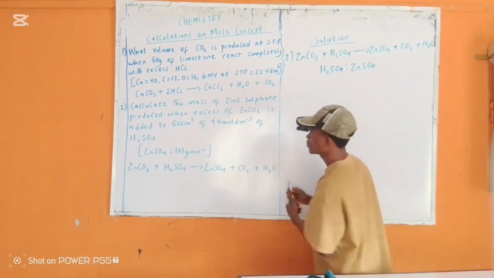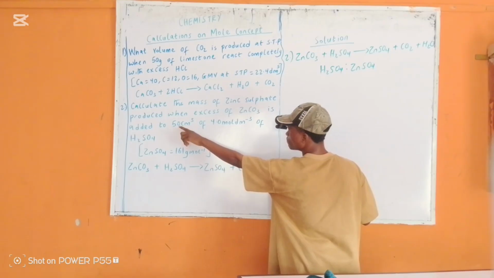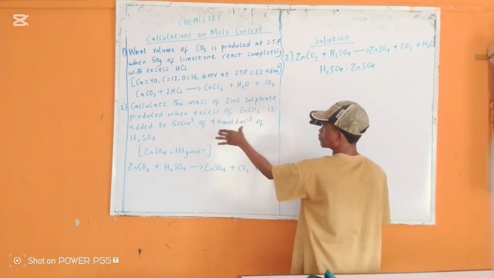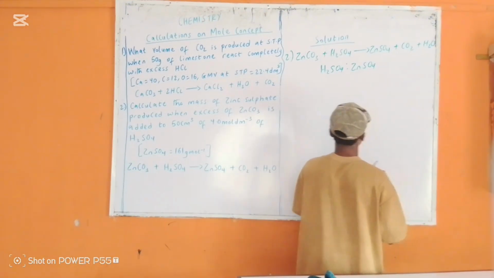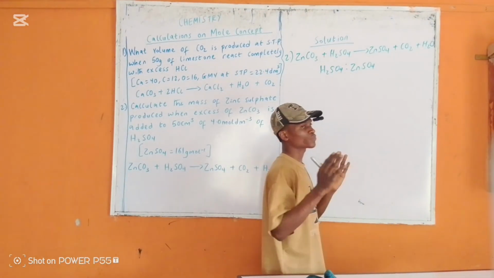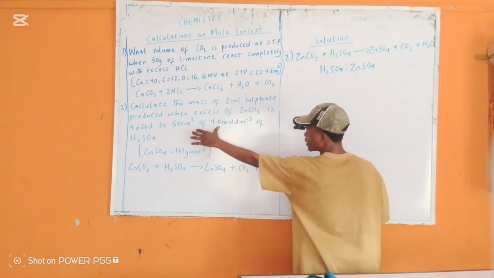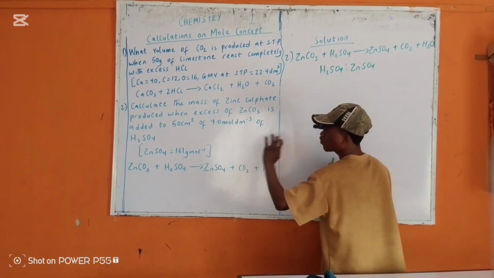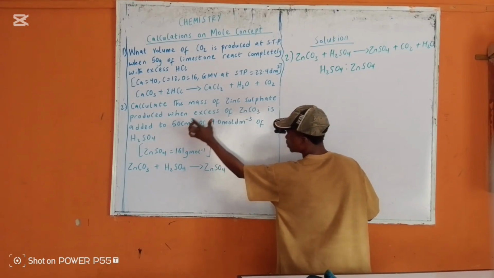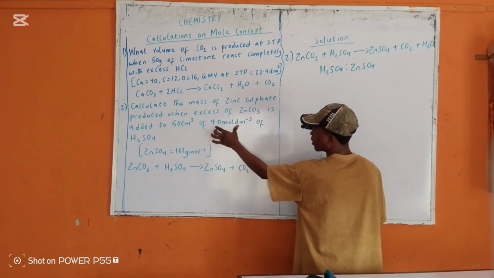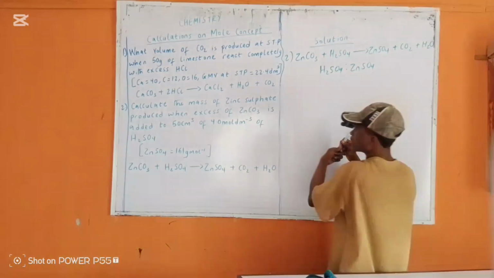Let's find out. The question here is we have 50 cm³ of 4.0 mol/dm³. So please, let me teach you how to go about something like this. What this is telling us is that we have to look for the amount of H2SO4 in 50 cm³ of 4.0 mol/dm³.